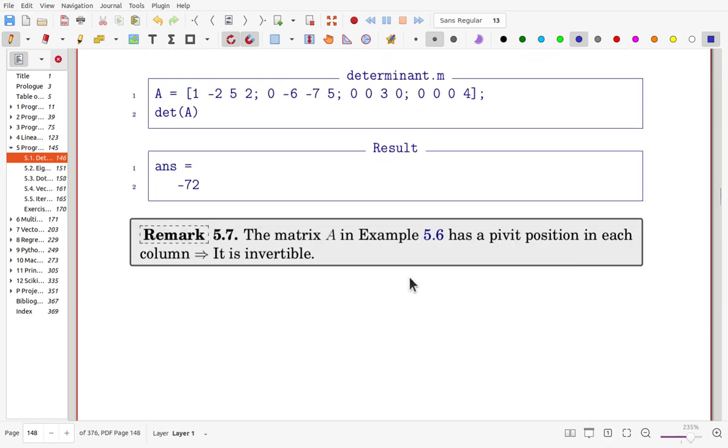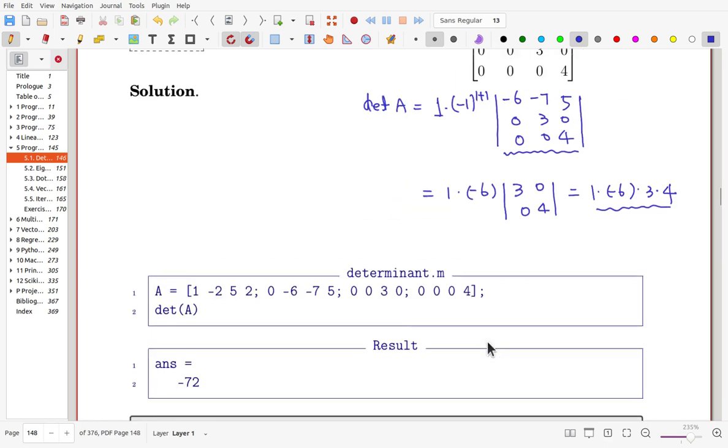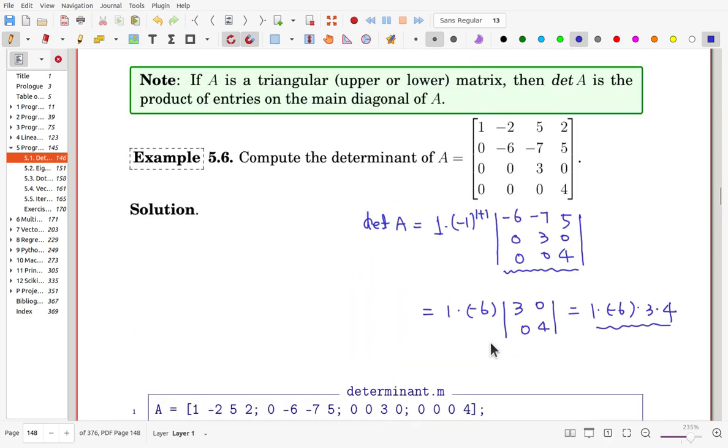The matrix A in the last example has a pivot position in each column, so it is invertible. Okay. Now, this matrix here in echelon form has pivot, pivot, pivot, pivot in each column, so that it is invertible.